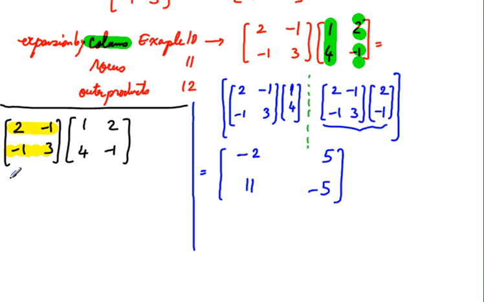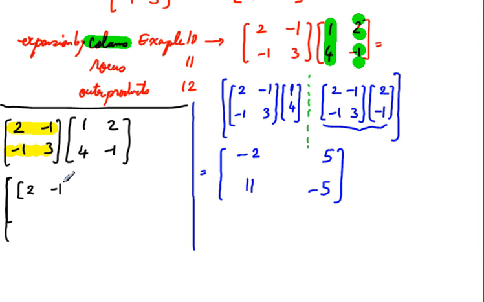So what I'm going to keep in mind is that I'm going to take 2 minus 1. So when I multiply this with this matrix, I'm going to get a row.